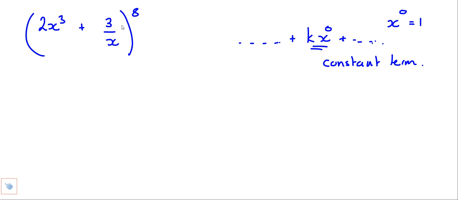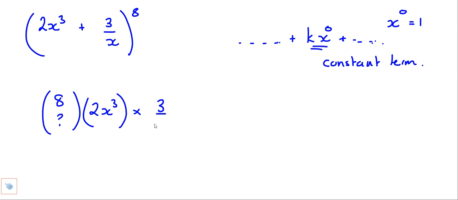Right, so basically what we're saying, everyone, listen. The constant term will not have an x in. That's why it's x to the power of 0. So it's another way of saying it. Now what we need to figure out is we've got 8 over something, which has to equal 2x cubed to the power of something times 3 over x to the power of something else.